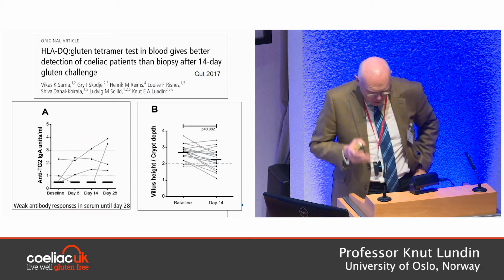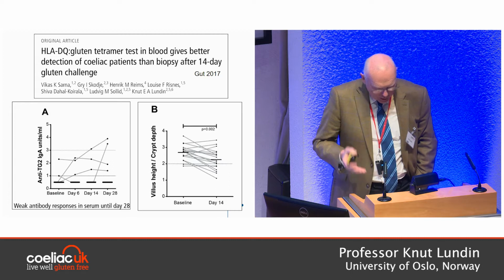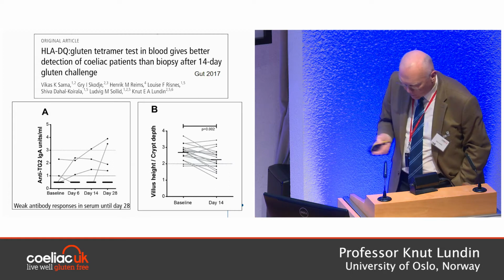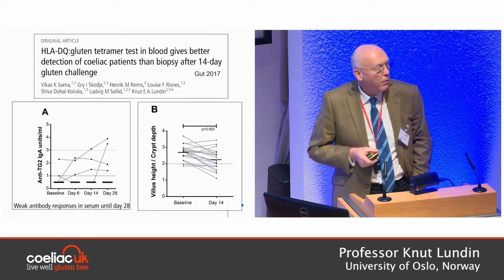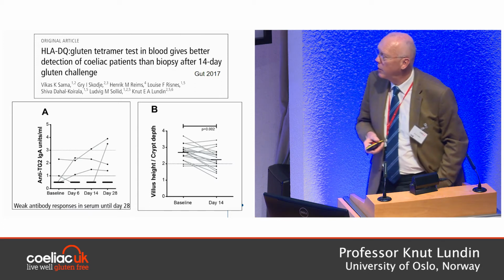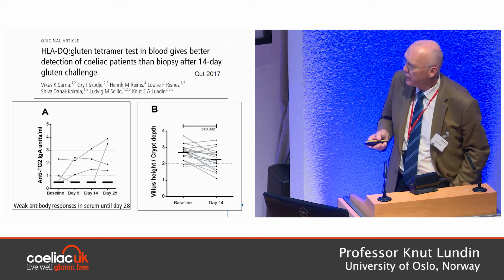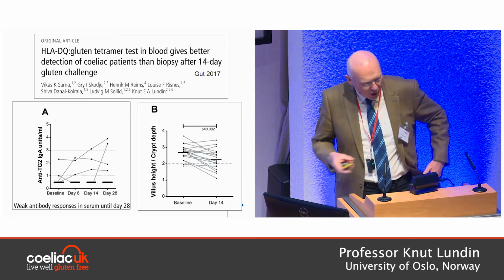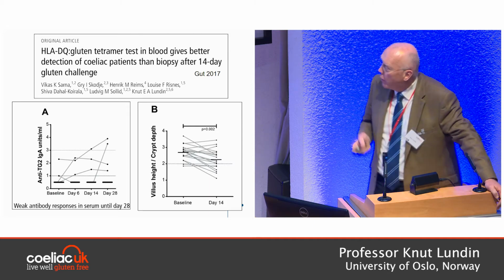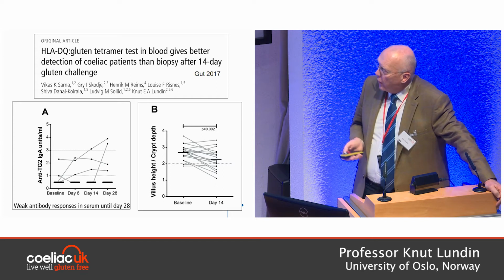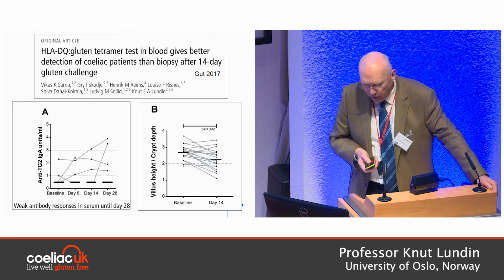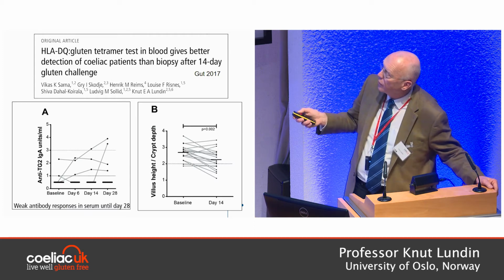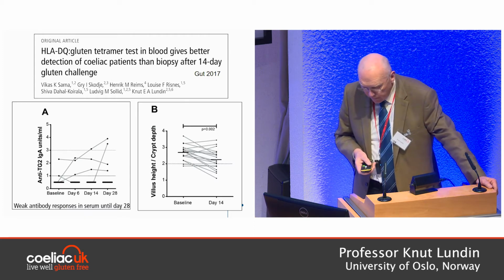We use this technology which has been around, and Jason Tydin also mentioned that they have tetramers in Australia. There are not many people who have this technology, but we have it. We have had it since the early 2000s, but during the last years we have really used it a lot for clinical purposes.